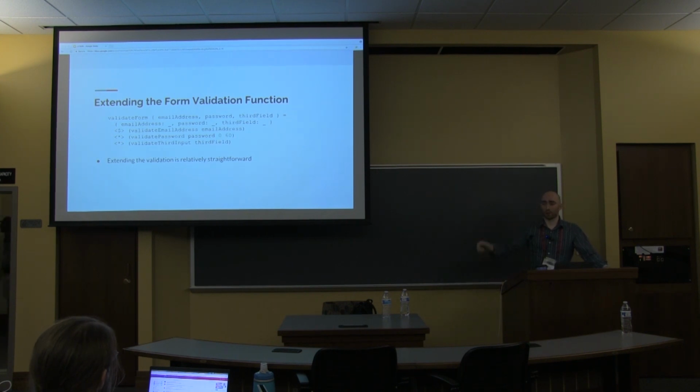You just need to make sure that the structure of your unvalidated form matches the structure of your validated form, that you have a specific function that can handle doing the validations, and then you just pass it through. You keep adding more fields to that record you're building up, and you keep adding more validation functions with the apply operator below it. And that's basically your builder for these things, all expressed in terms of, I think, some pretty general abstractions. Is this all clear?